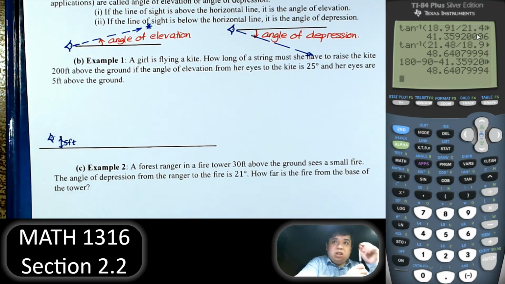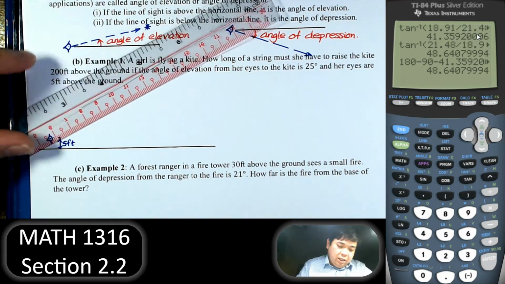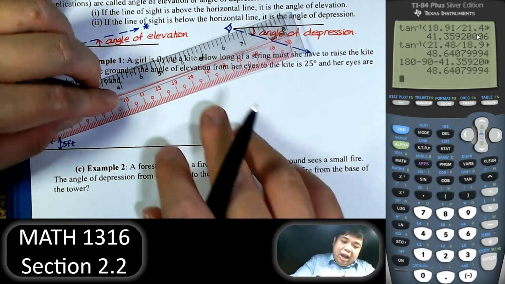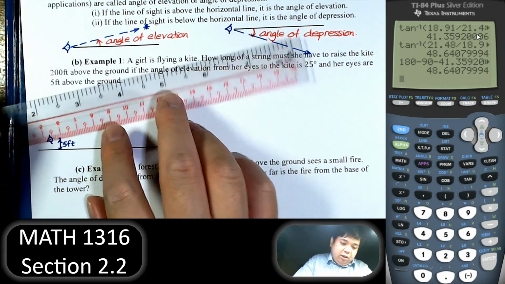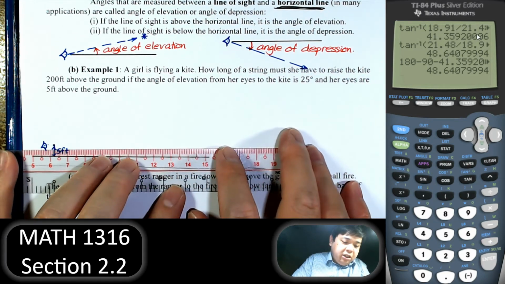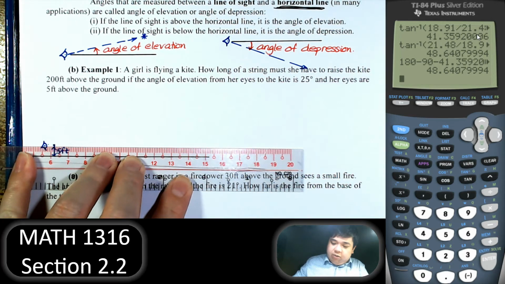Suppose she holds the string about the eye level too. So that's the assumption. And we'll make the angle of elevation 25 degrees from the eye level. The eye level will look horizontally parallel to the ground. So this is the eye level, horizontal eye level.